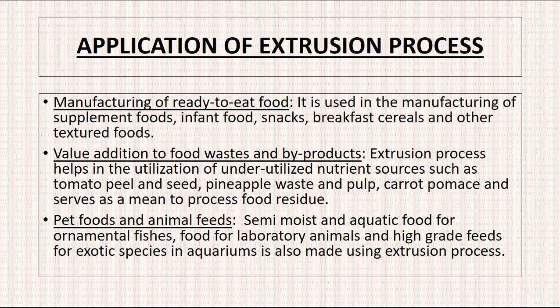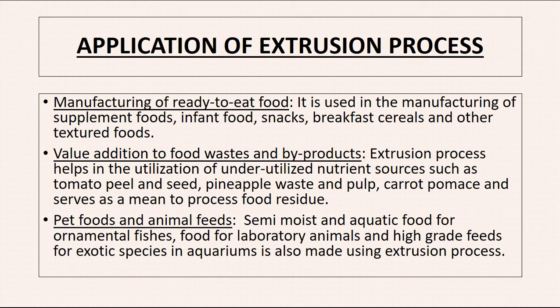Products, for example, the tomato peel and the pineapple waste that we discard, are used in this process, which means the processed food residue is also reduced. Then we have pet foods and animal feeds: semi moist and aquatic food for ornamental fishes and exotic species in our aquariums are manufactured using the extrusion process.